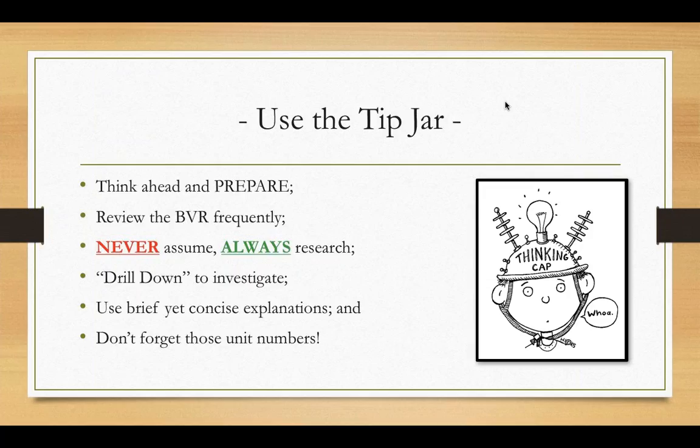And so we just want to make sure that you understand, the executive officers and the owners and investors, they don't need every intimate detail of your purchase. What they're looking for are those large expenditures, those items that are just pushing you so far over budget. And we know that if they're appearing on your BVR, that they're a valid purchase. We just need a very brief yet concise explanation, right?